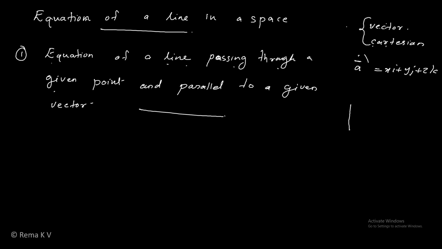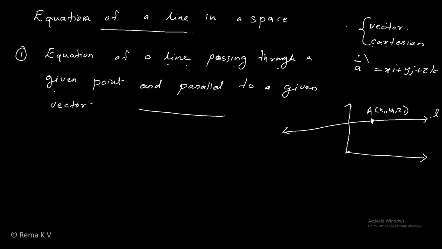So let us consider here a line L which passes through a point, say A, with coordinates x1, y1, z1. This is given to us.